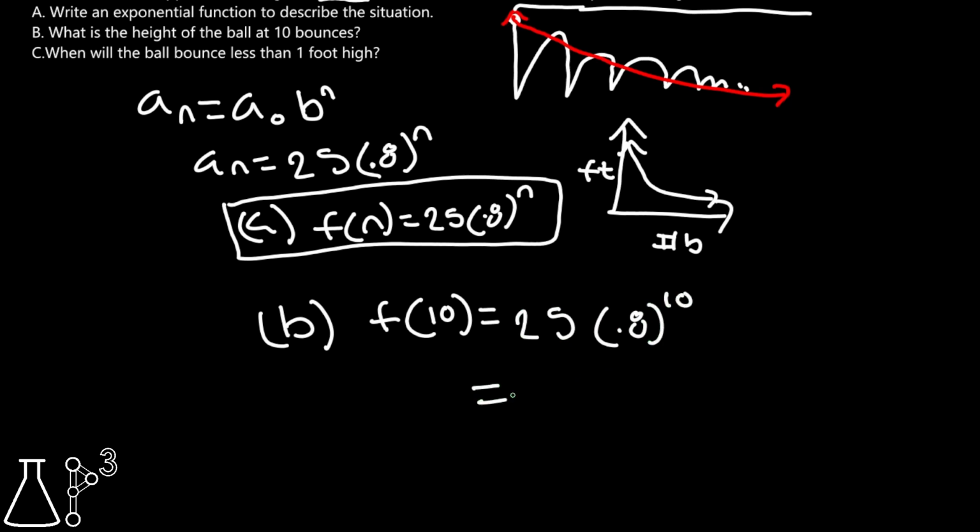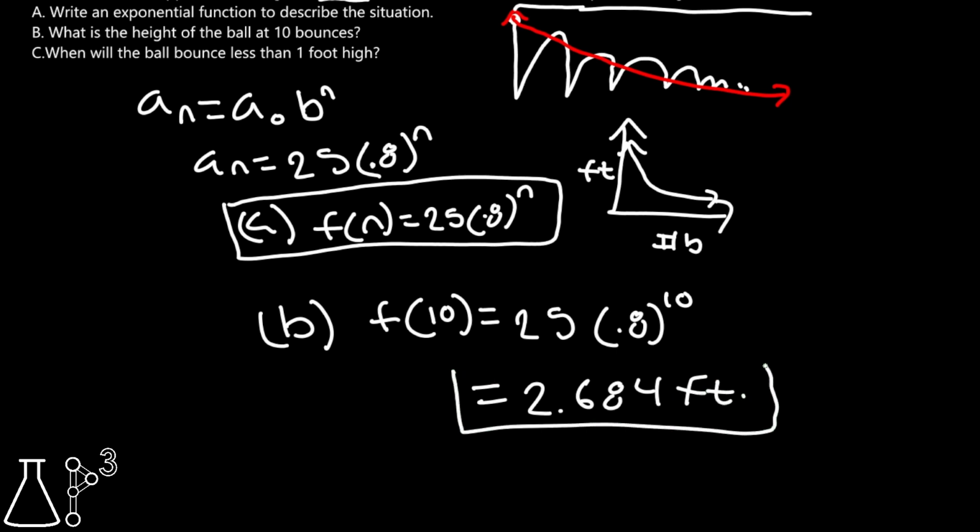We're literally just plugging 10 into our function. That's all we're doing. And this will give you, I'll truncate here, 2.684, and our units is feet. So there's the height after 10 bounces.